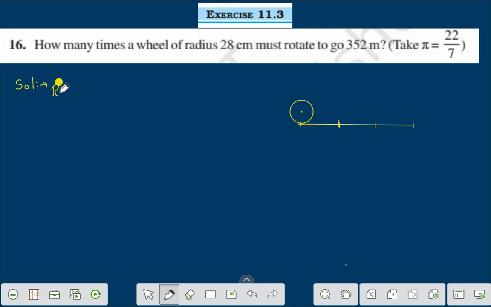Now here you see the radius of the wheel is given as 28 centimeters. If we change it into meters, it will be 28 by 100, that is 0.28 meter.